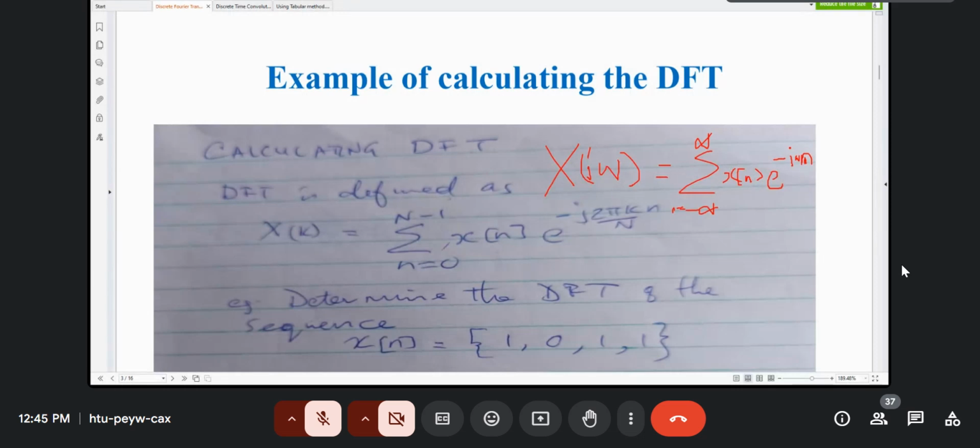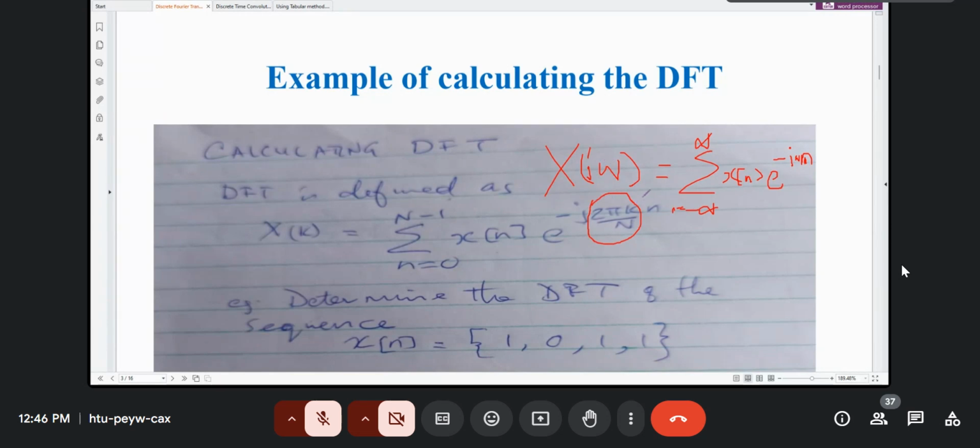So what you are doing is sampling it. We sample this at omega equals 2 pi k over N. If N is equal to 8, it means you're sampling it 8 times, so k is equal to 1, then k is equal to 2, k is equal to 3.